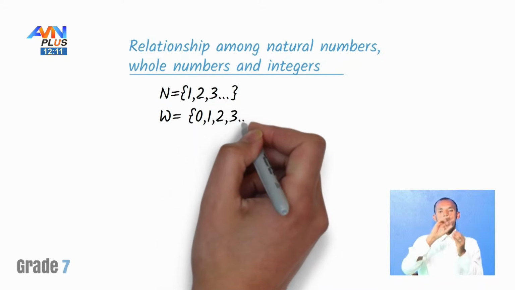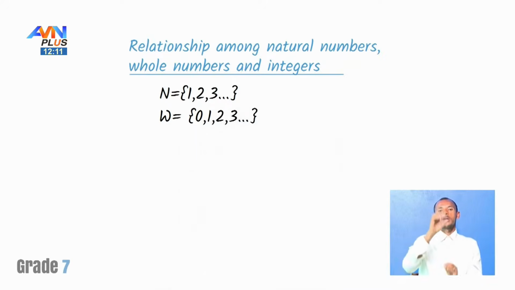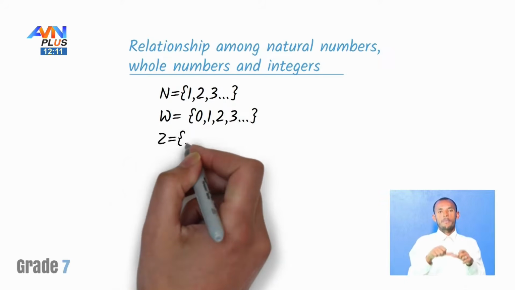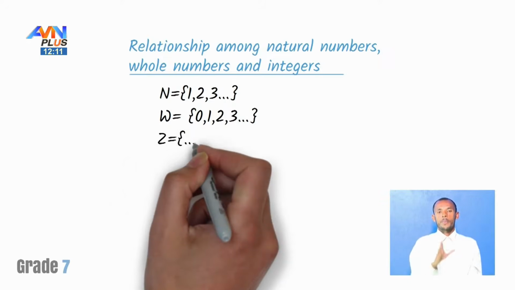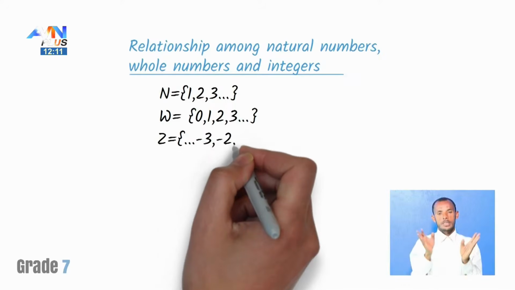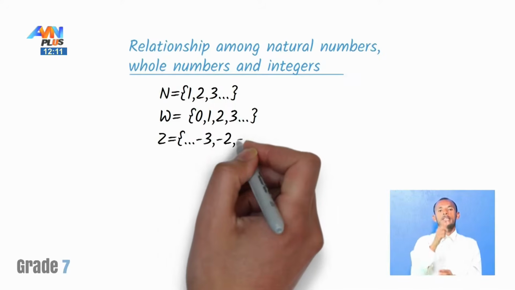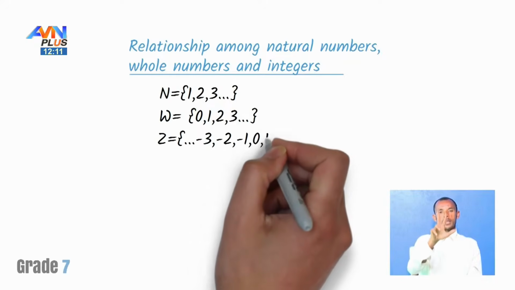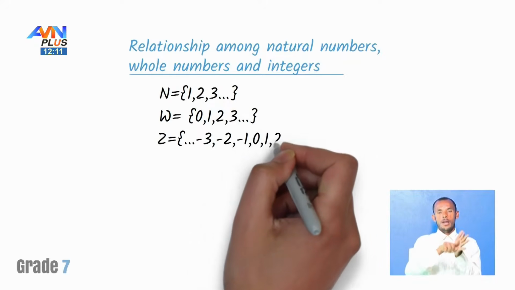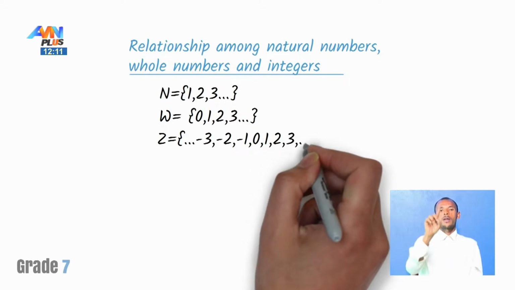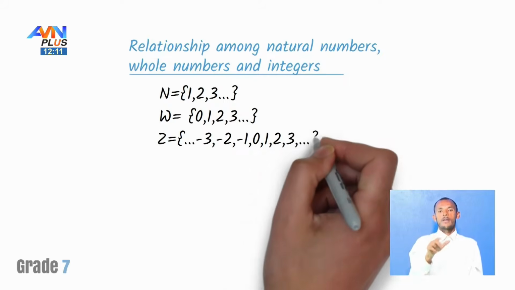It contains the numbers 0, 1, 2, 3, and it goes on like this. And we have also defined the set of integers containing negative numbers like -3, -2, -1 to the right, 0, 1, 2, 3, and so on.